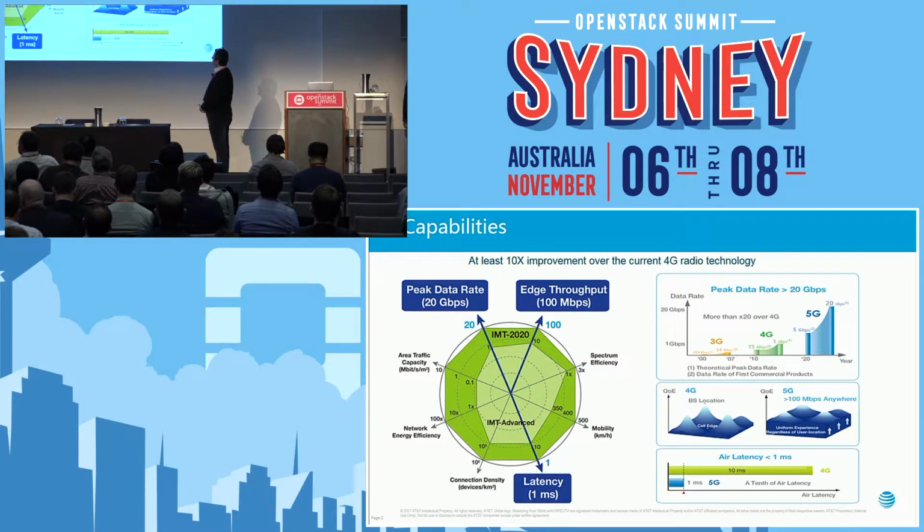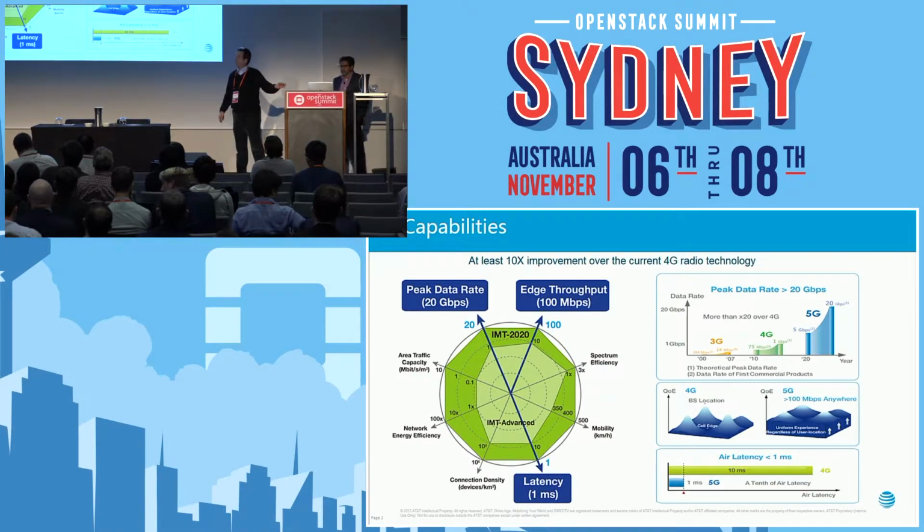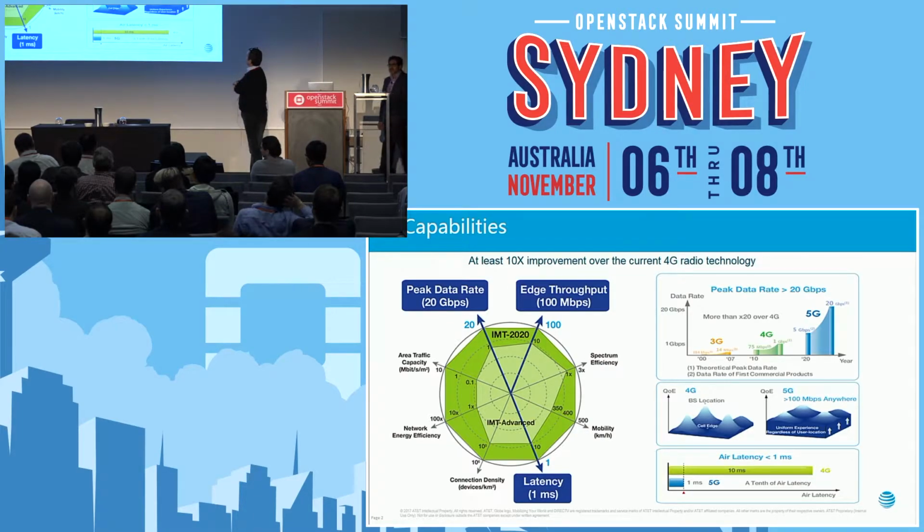This is basically the extreme point capabilities that 5G is going to be defined on. Throughput, spectral efficiency, mobility on the order of 500 kilometers per hour, latency on the order of 1 millisecond, which is extreme low latency, and connection density. These are what is being defined by ITU-T, as you know.